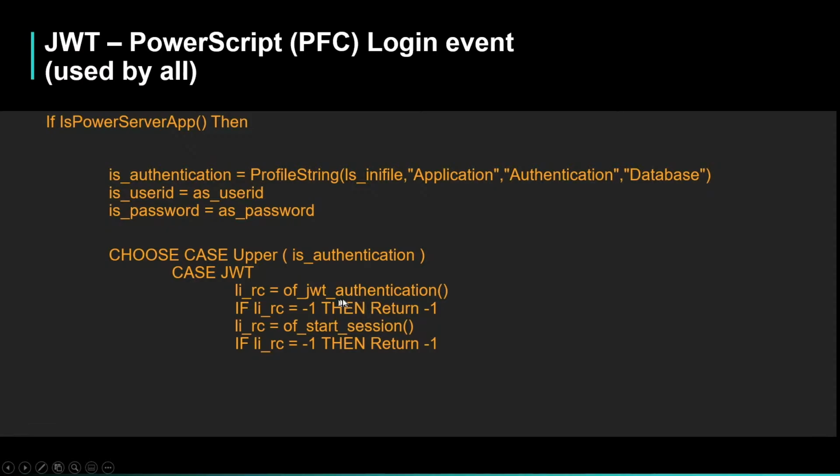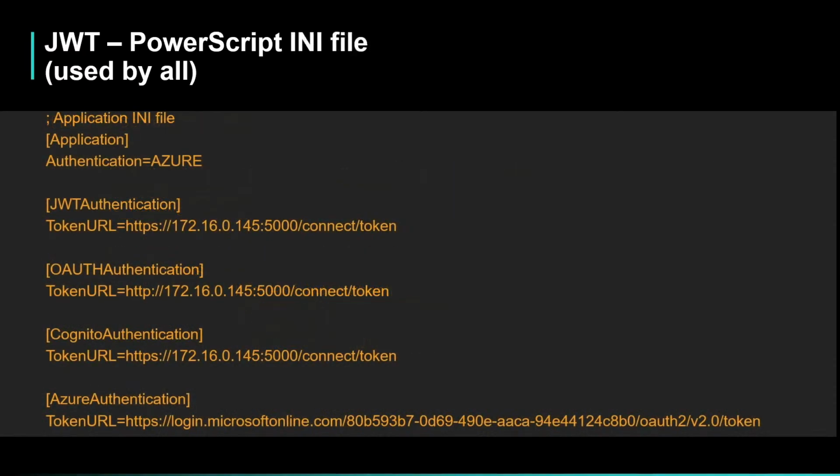This is where we check to see if we're using JWT and do the JWT authentication call. This is an example of what's in the INI file. Here's where I've got the authentication setting, and in this case I've got it set to Azure. It could be JWT, OAuth, Azure, Cognito, or database, which just does a standard database authentication.